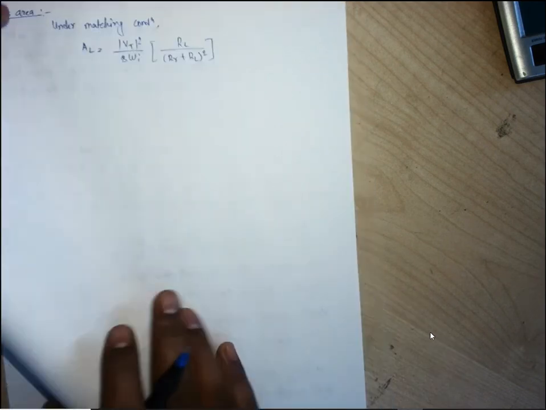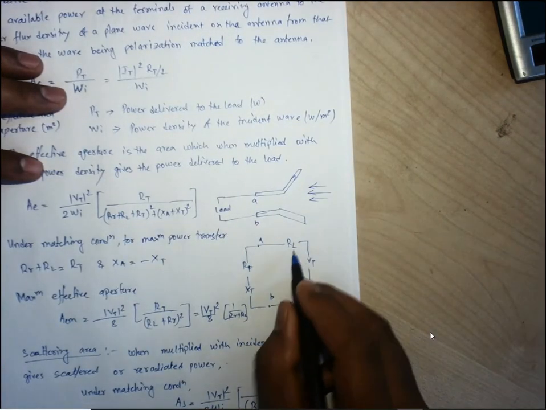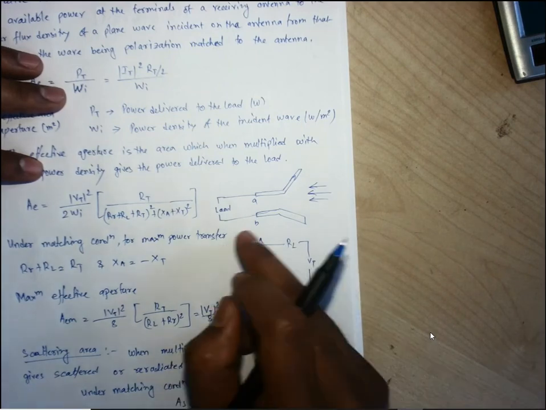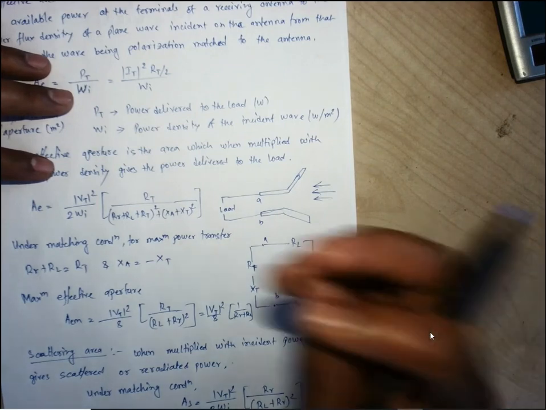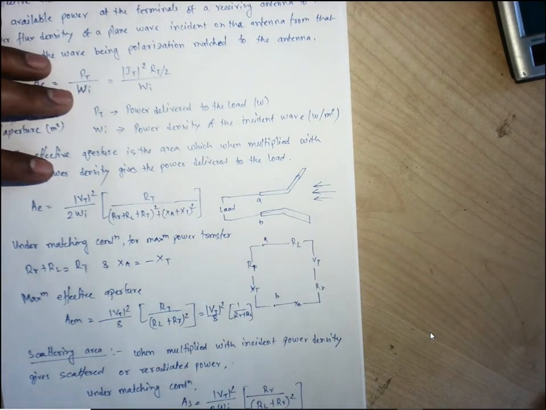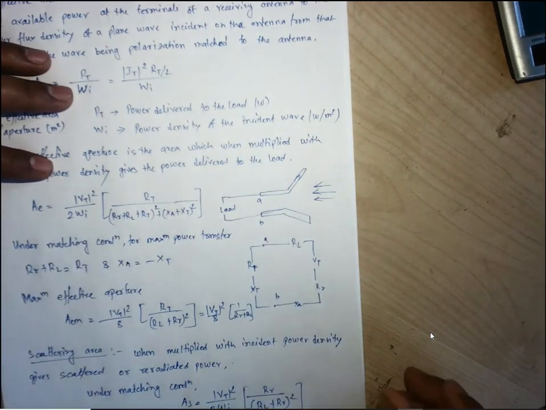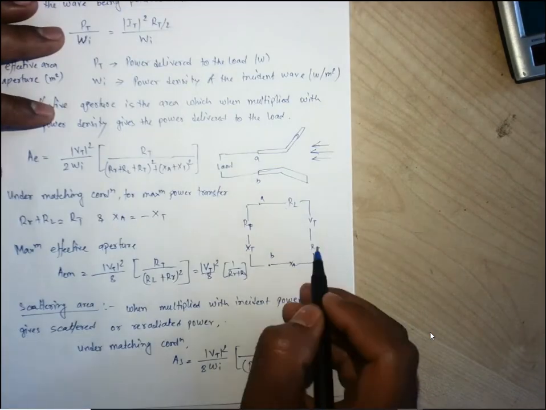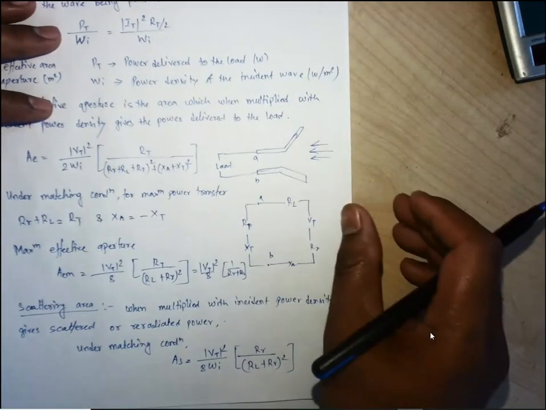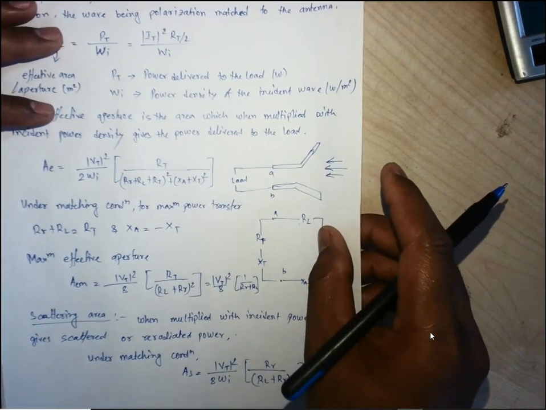Now, if we take into consideration all the resistances, that is RR, RL and RT, all these resistances are responsible for capturing the power. Out of that captured power, some power is lost, some power is re-radiated and some power is delivered to the receiver. But if we consider RL, RR and RT as a whole, that area is responsible for capturing the total power.